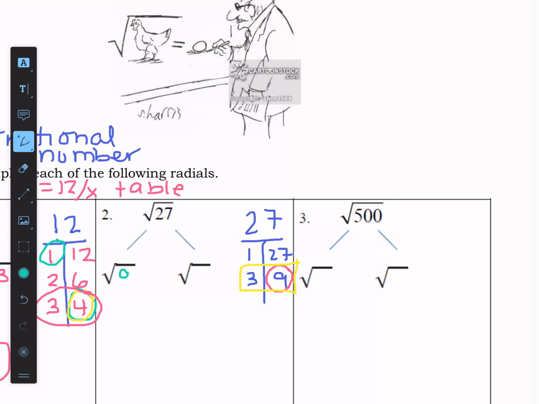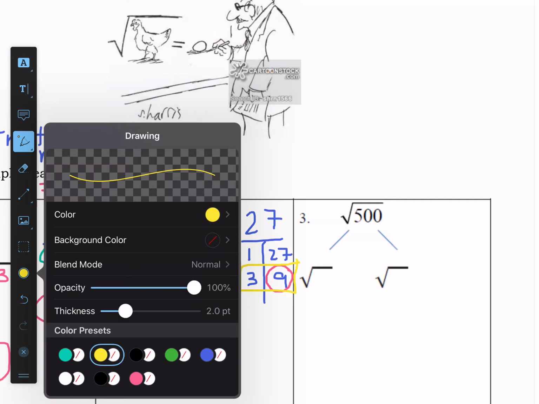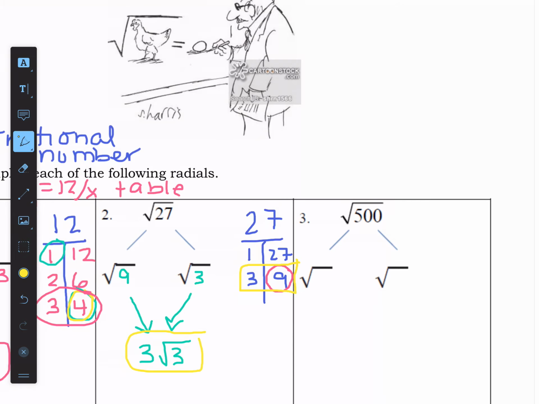So this is radical 9, and then over here is radical 3. Okay? Now, to simplify the square root of 9, you can put it in your calculator if you don't know it, but the square root of 9 is 3, because 3 times 3 equals 9. And then radical 3 is just some yucky number I don't want to deal with, so I'm going to bring down my radical 3, and bada bing, bada boom, we have our answer.